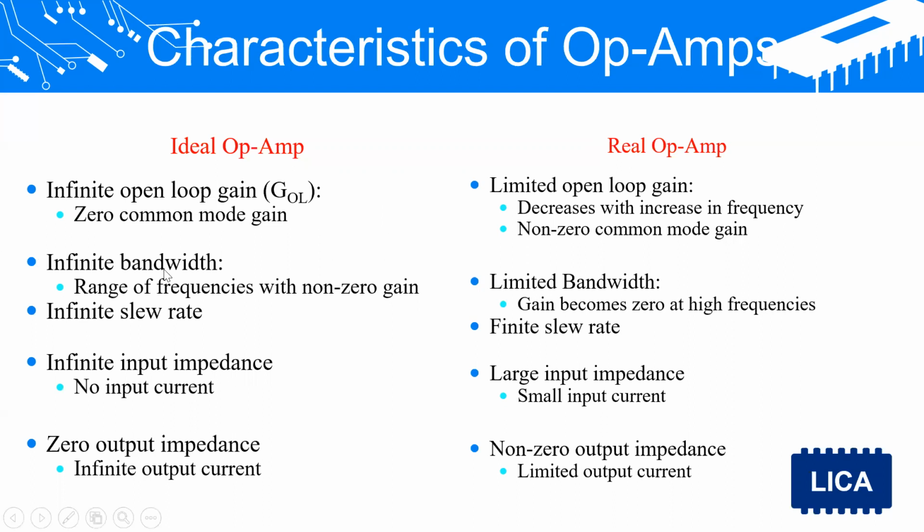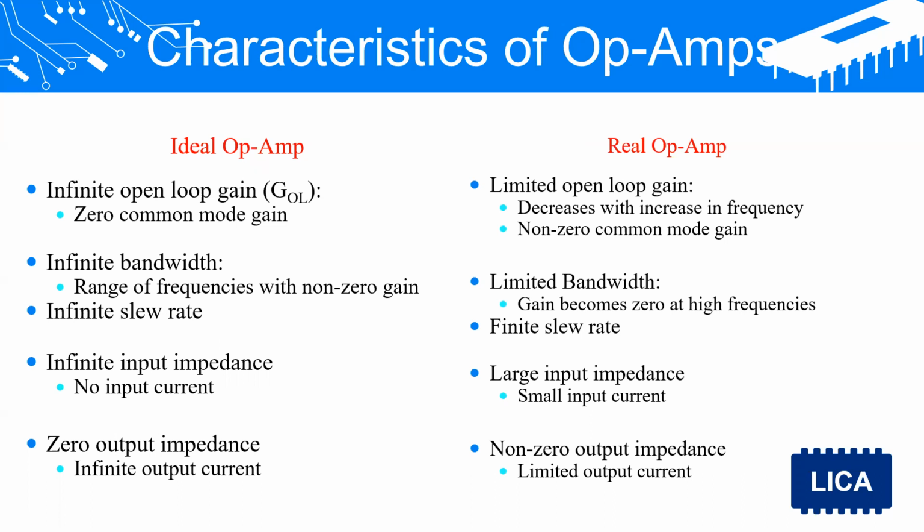The ideal op-amp also has infinite bandwidth, an infinite range of frequencies, while here we have limited bandwidth. Also in the ideal op-amp, we experience infinite slew rate, while here we experience finite slew rate. What is meant by slew rate, and the detailed explanation of slew rate, input impedance, output impedance and so on, we can discuss in the upcoming videos.